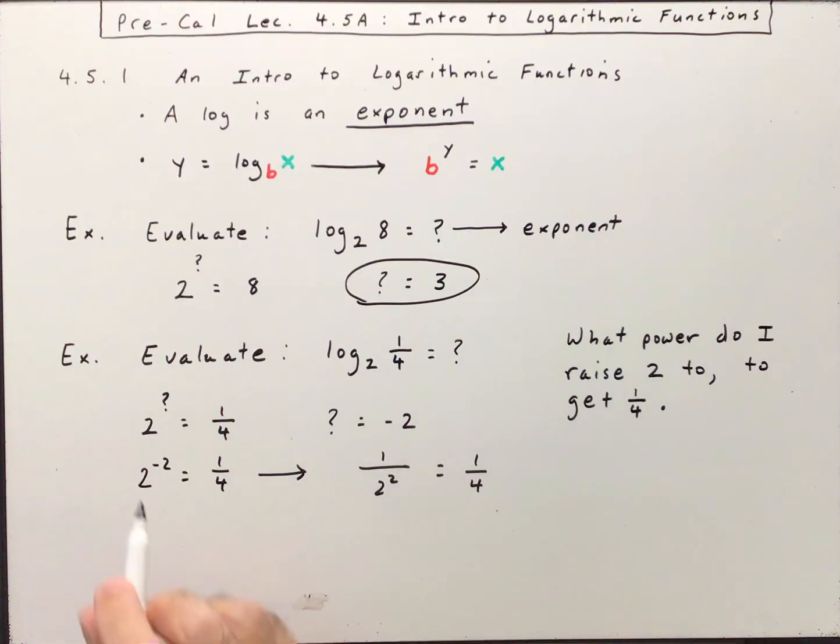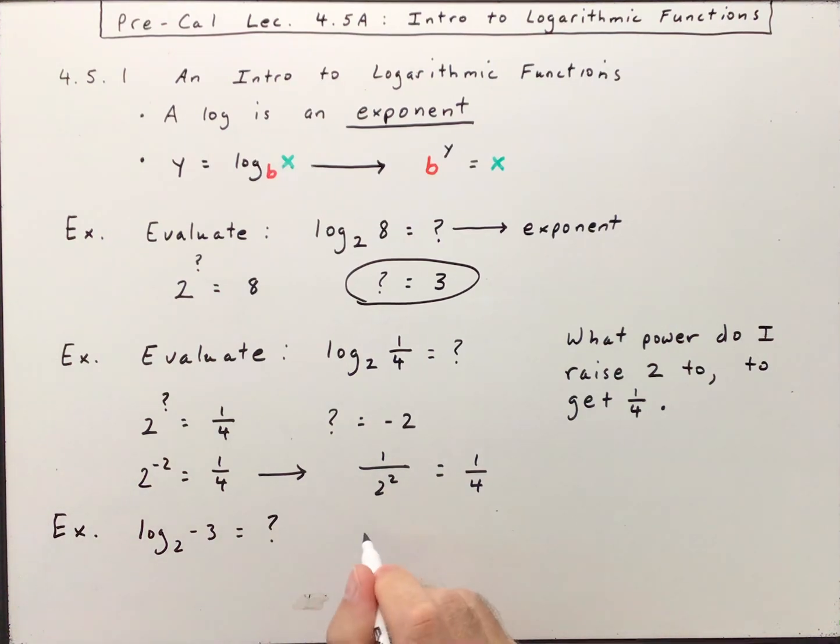All right, let's evaluate log to the base 2 of -3 equals question mark. So what that's saying is 2, the base, to what power, the exponent, is equal to -3. Well, you can't.